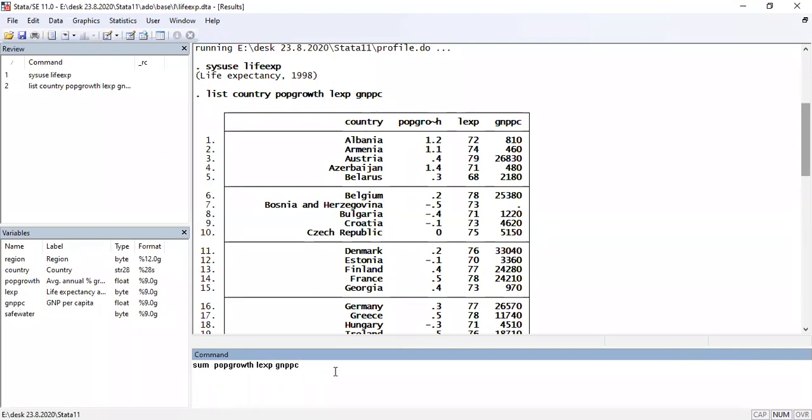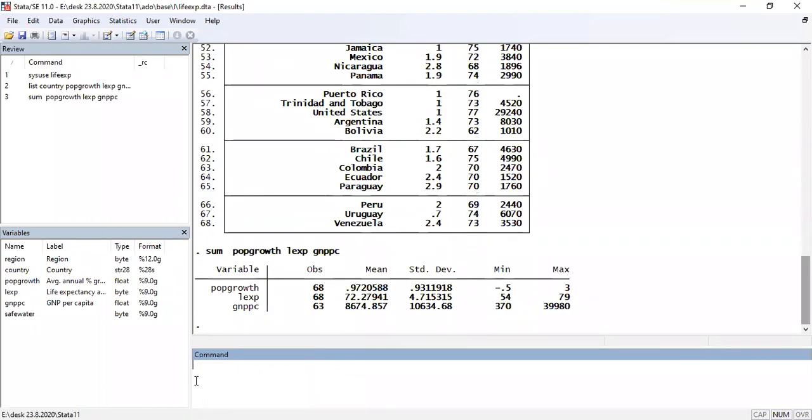I would like to see some descriptive statistics like mean, standard deviation, max values, min values. If you write sum, then right away they give you the table for these three variables here: population growth, life expectancy, GNP per capita.